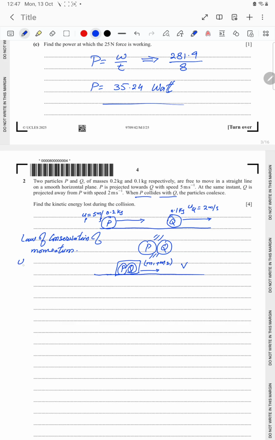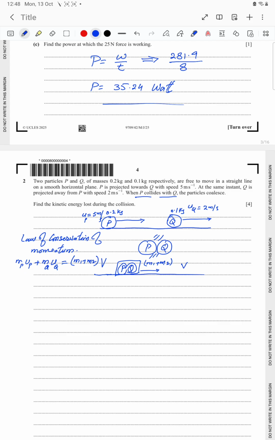So we can say momentum is the product of mass and velocity. mp up plus mq uq should equal (m1 plus m2) v, because after collision the two masses combine and go with a certain velocity v.